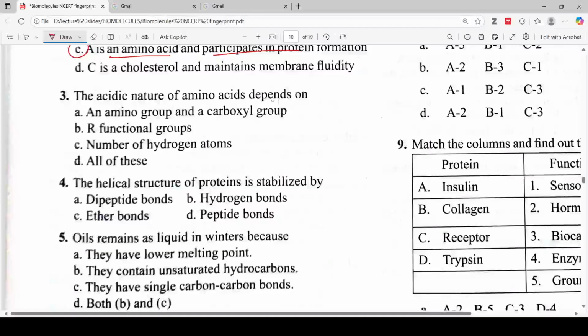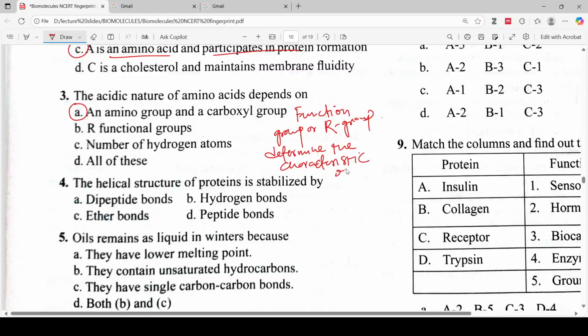Acidic nature of amino acid depends on amino group and carboxyl group, functional group, number of hydrogen atoms, and all of these. So the correct answer for this question is option A. In amino acids, the functional group or the R group determines the characteristics of amino acids.